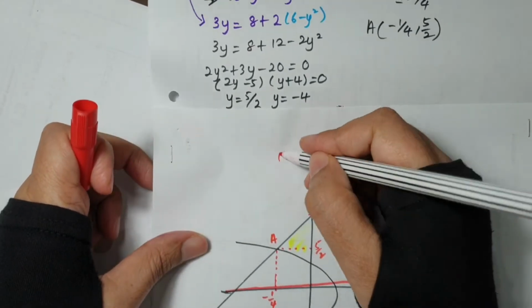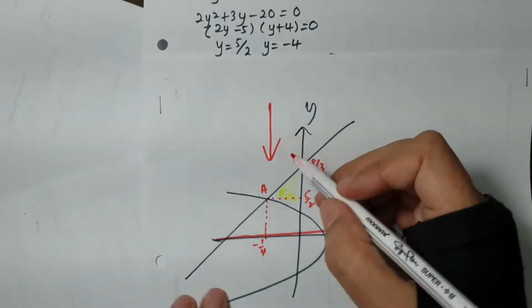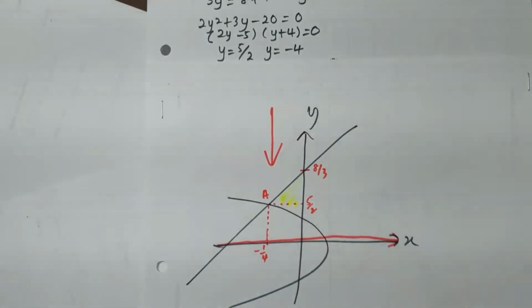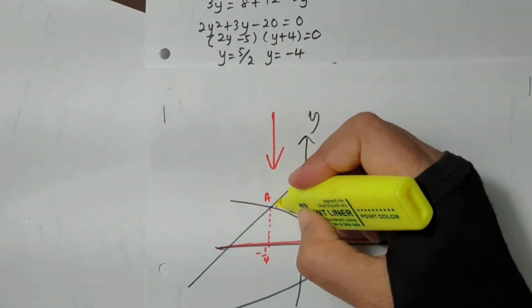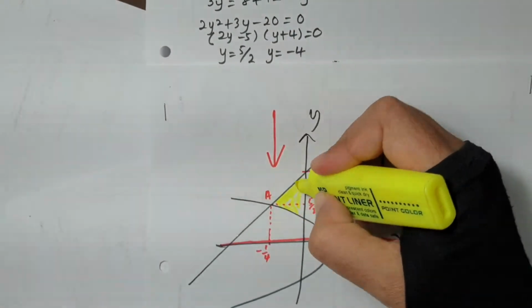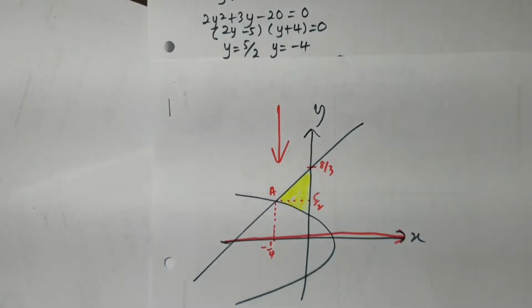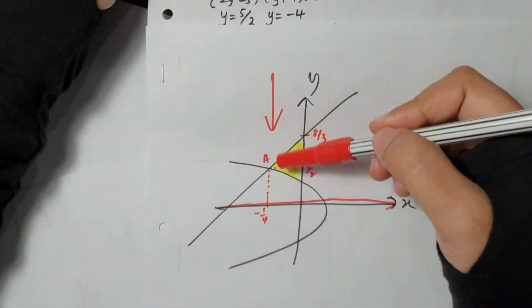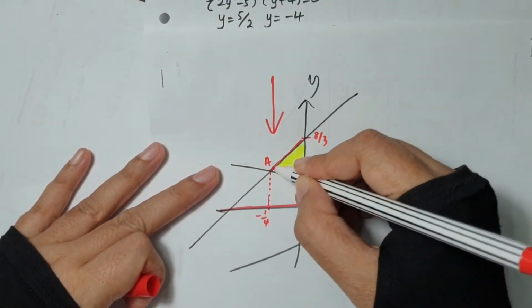Let's look at it like this. When we look at this region, the yellow region Q, first you can see the area under this straight line.